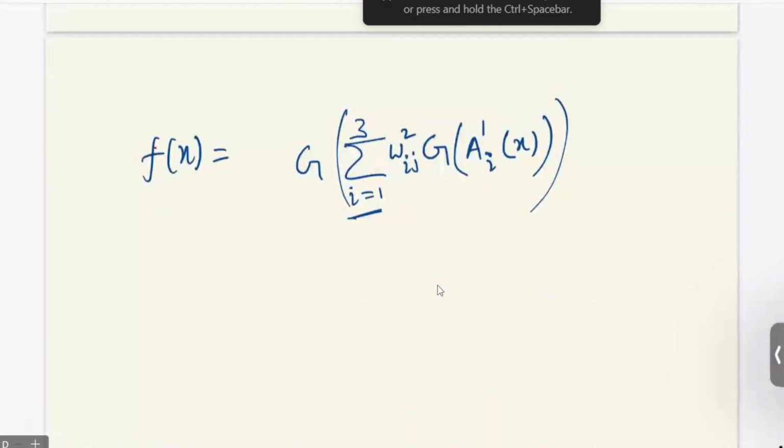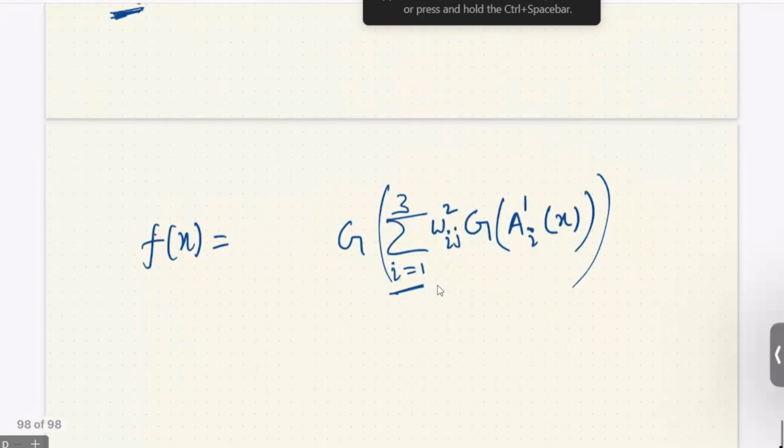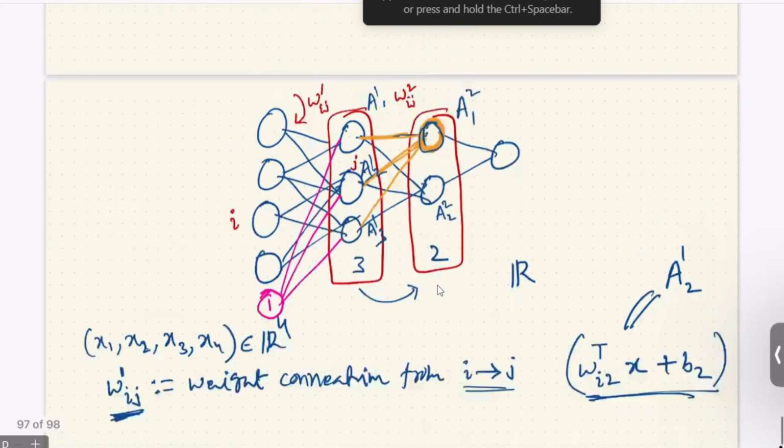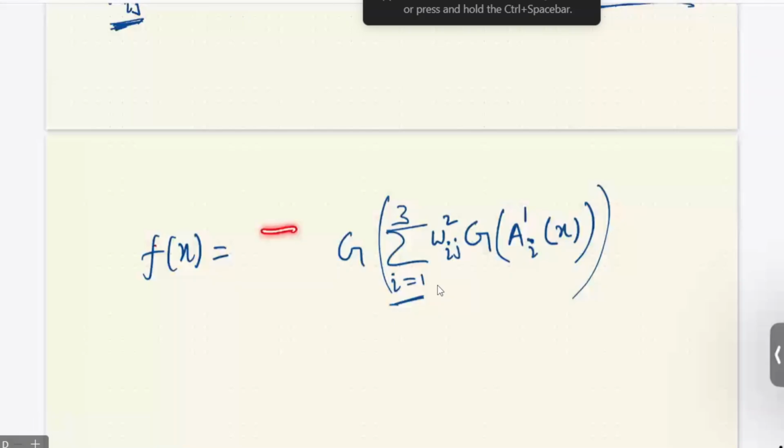So now we need to repeat the same. There are three here, and again there are two such weights associated with those summations.